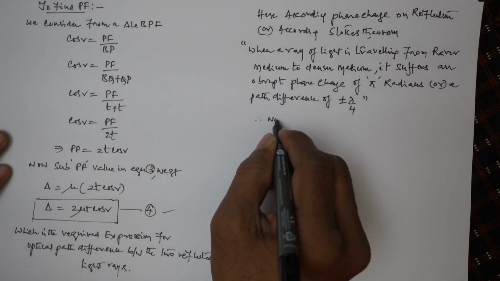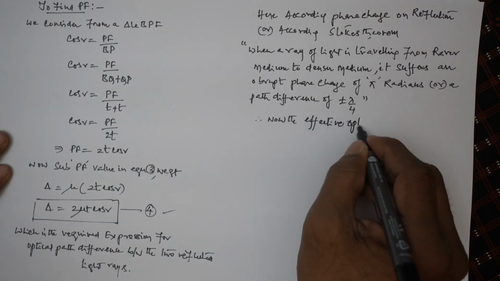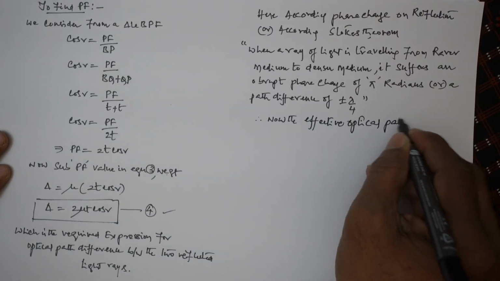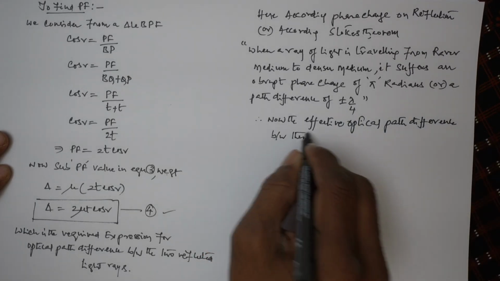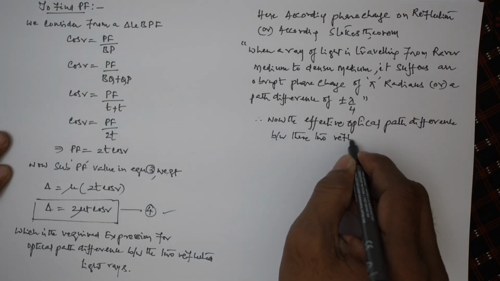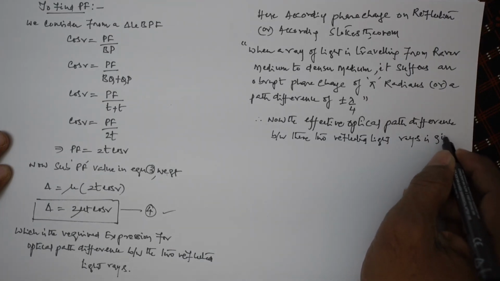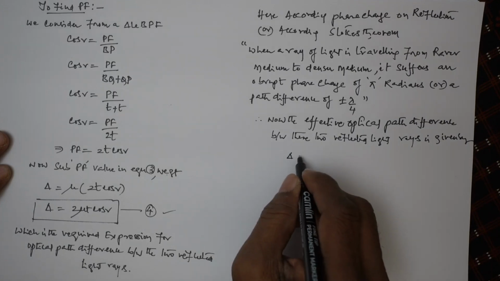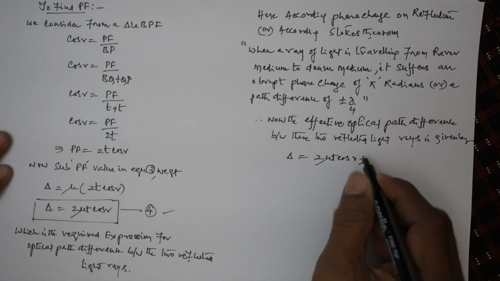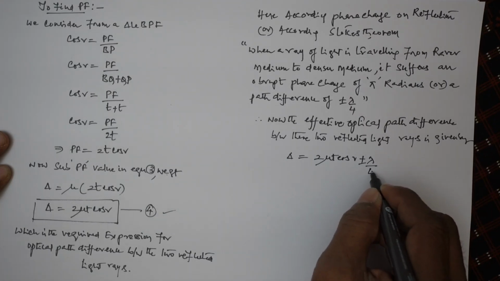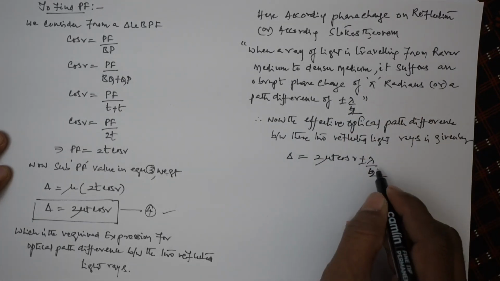Therefore now the effective optical path difference between these two reflected light rays is given by delta is equal to 2 mu t cos r plus or minus lambda by 4 added, that is, 2 mu t cos r plus or minus lambda by 2.